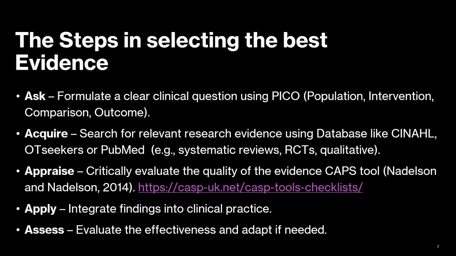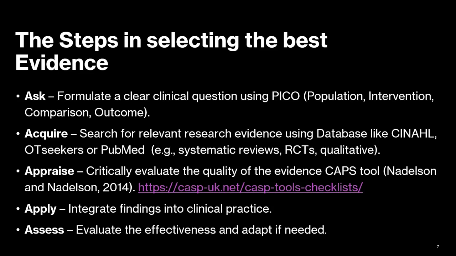One framework you can use is the PICO framework, where P stands for population, and in population we mean the people under study. So it can be an obese population, a geriatric population, children, stroke patients, whatever population you want to study.